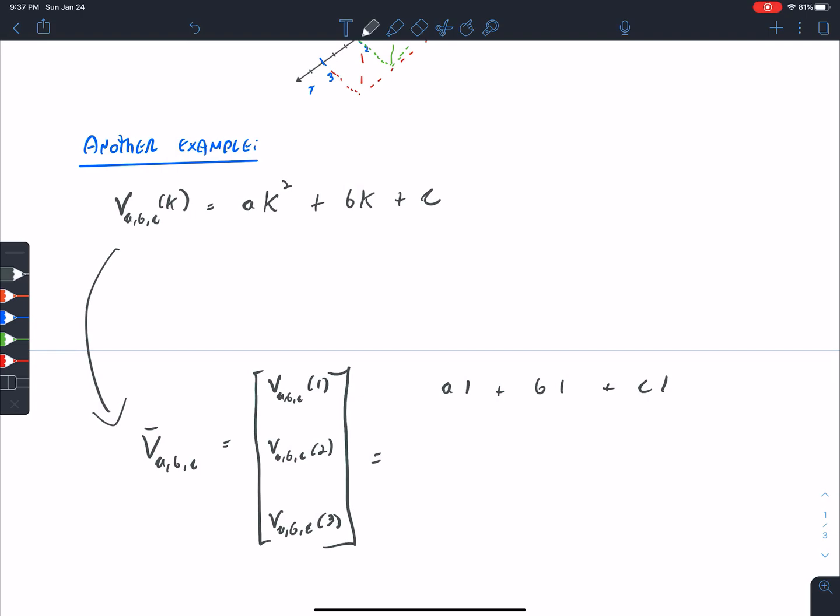The second term will be a, now 2 squared, oops, 2 squared is 4, right, so 4 plus b times 2 plus c times 1. And the third component will be a, 3 squared will be a9 plus b times 3 plus c times 1. So this is, in fact, our vector.